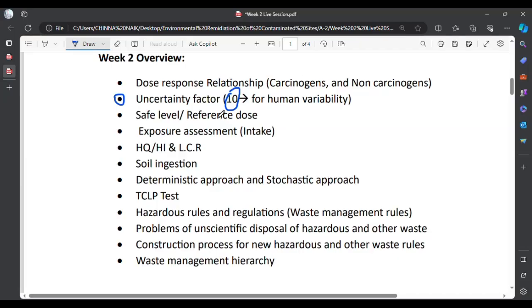So these things were discussed in the week 2 session. After that, safe level or reference dose. How will you calculate it? The formula is already given: LOAEL or NOAEL upon uncertainty factor. Please note down the formulas also, it might be helpful while solving the problems.